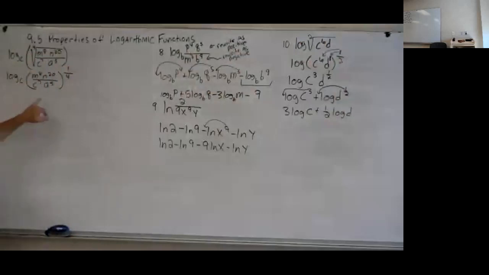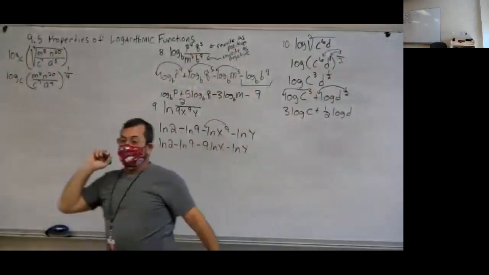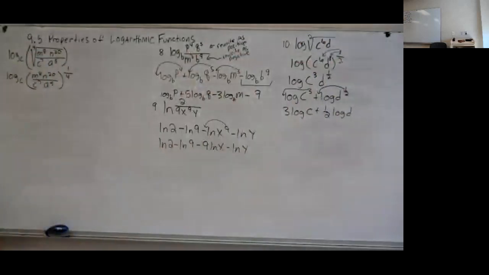So now this looks like this, and I'm going to distribute my exponent to everybody inside these parentheses. So bring down your log C. I'm still just getting rid of the radical and rewriting them.